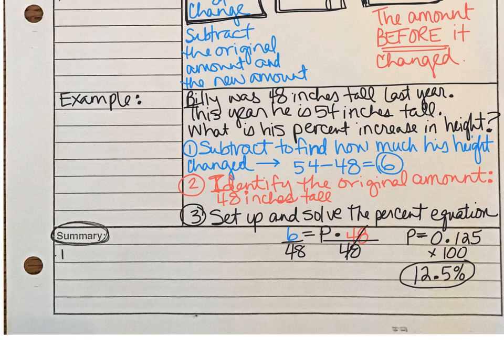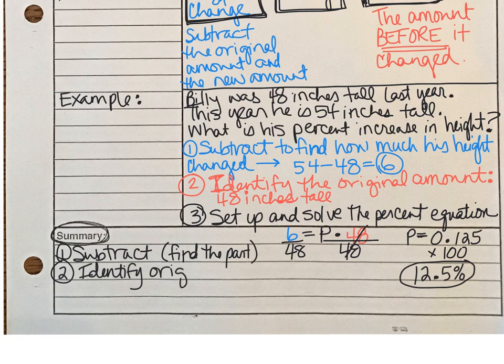In summary, we have 3 steps. The first step we need to do is subtract. This will help us find the part. In step 2, we have to identify the original number. This will be your whole.